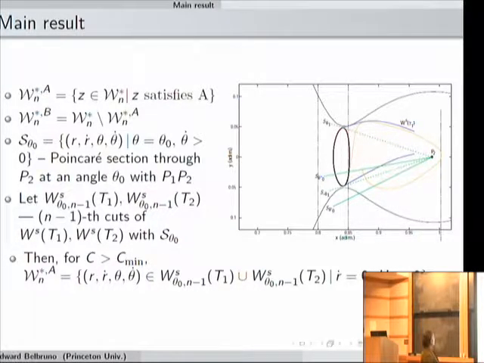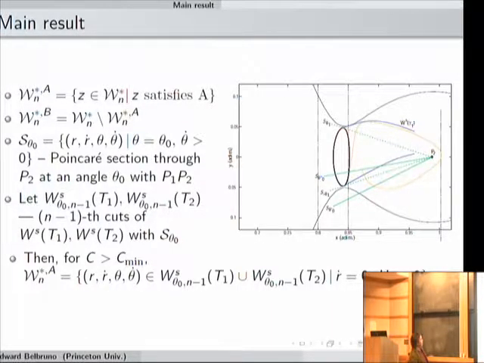Then our main result is this. The nth weak stability boundary can be written as the union of the stable manifolds of T1 and T2 of the n minus first cut, such that r dot equals 0 and H2 is less than 0. H2 is the energy with respect to P2, so negative Kepler energy and r dot equal to 0.